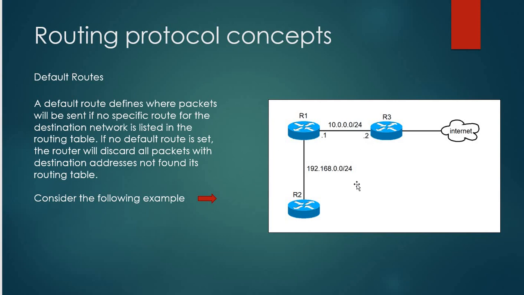R1 to R3 is the 10.0.0.0/24 network. And here 192.168.0.0/24 network.